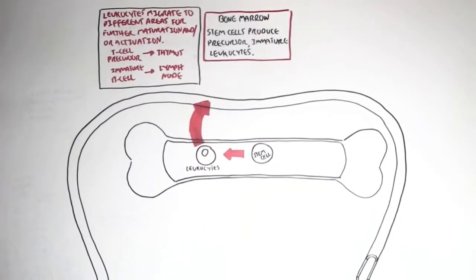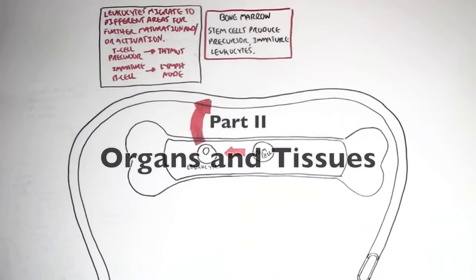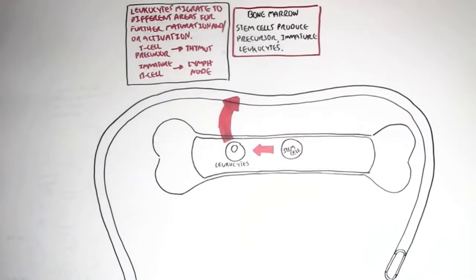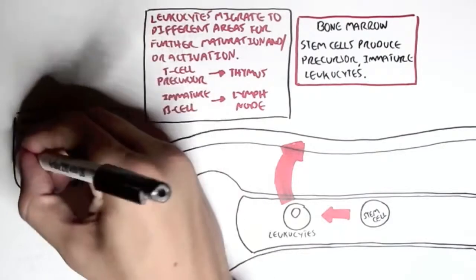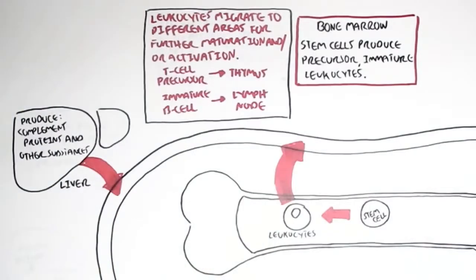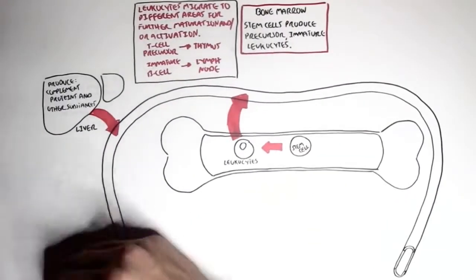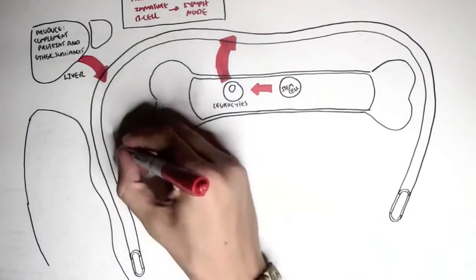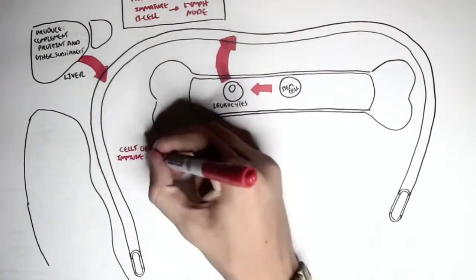Now in this video, we will look at some other organs which are important in the immune system and also part of the lymphatic system, such as the liver, which produces complement proteins and other substances which are important for the inflammatory process. Then we'll look at a typical tissue, such as a tissue beneath our skin, and how some of these cells will migrate into this tissue.